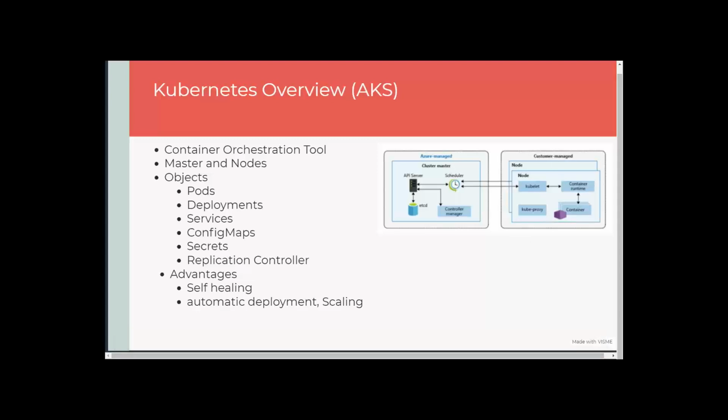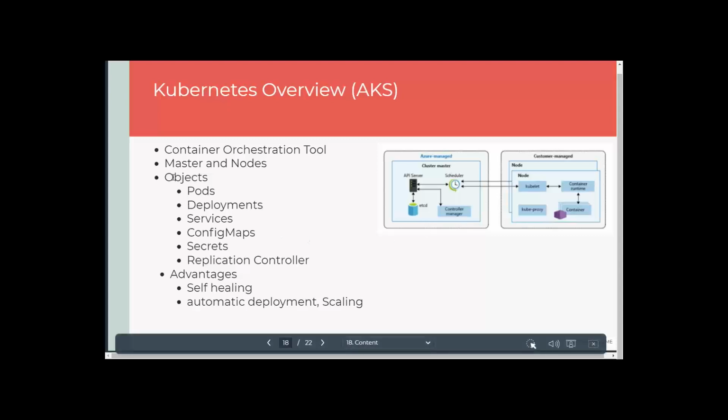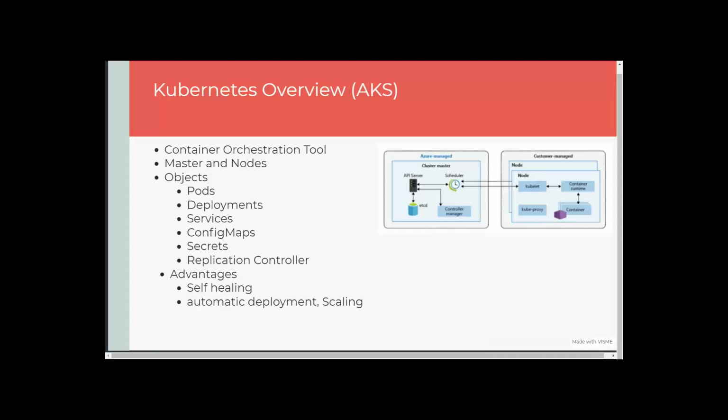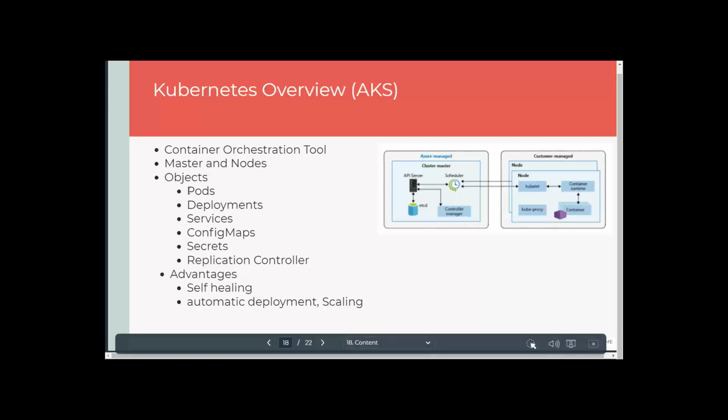If you deploy more microservices, you have to increase the number of nodes too. Then the objects. In Docker we run containers, but here they are called pods. Inside the pods file we specify the number of containers.